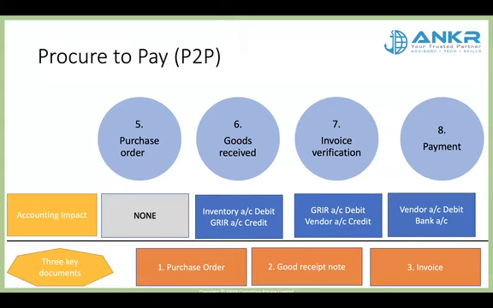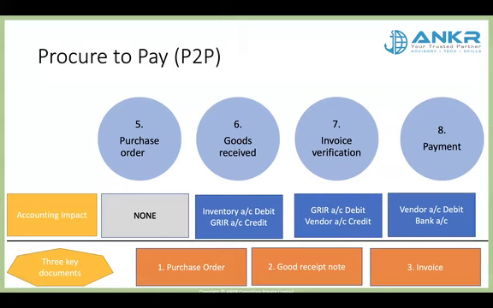Rather, the GRIR account is debited. Previously it had a credit balance of 1 lakh rupees; now it has a debit balance of 1 lakh rupees. So ultimately the GRIR account balance is zero after passing this invoice verification entry. Rather, the vendor account will start showing a credit balance of 1 lakh rupees.